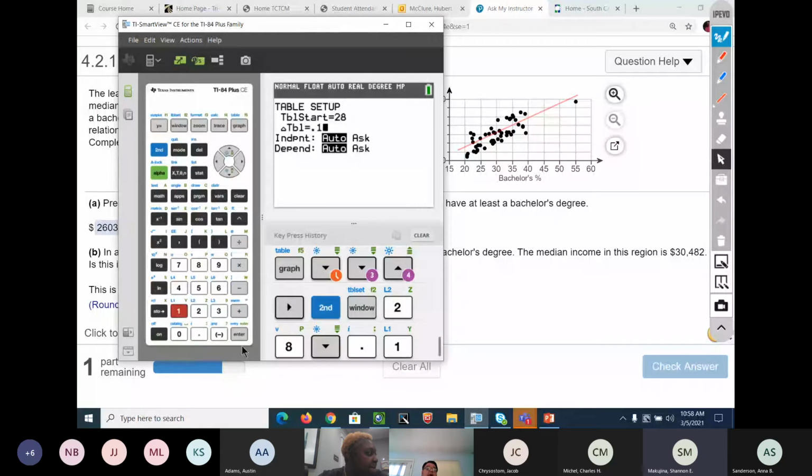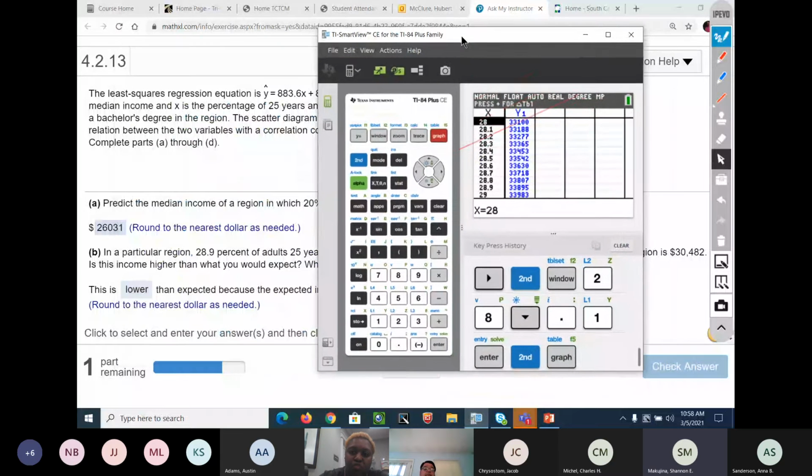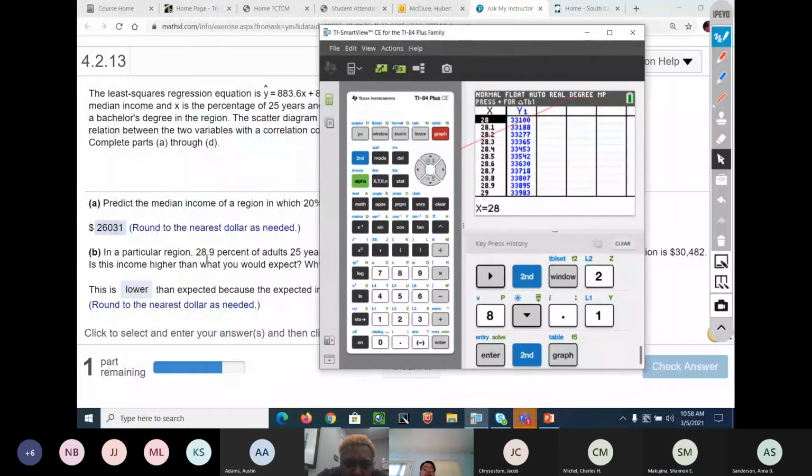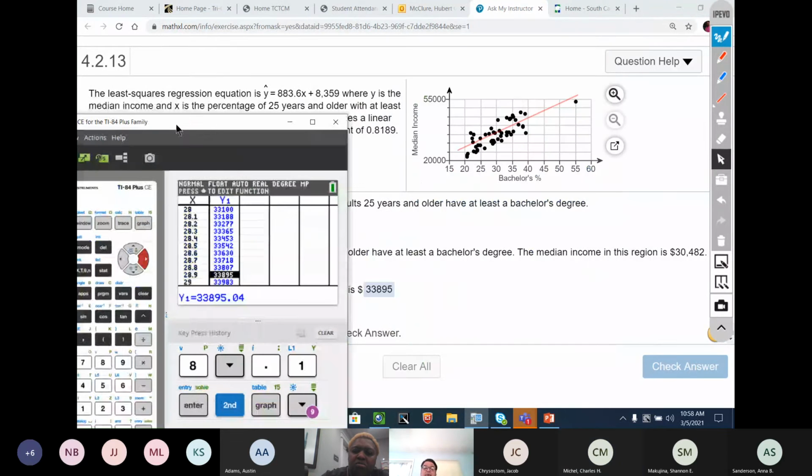Enter, and now look at table. What number do we need? 28.9. So go down to 28.9 and tell me what number you have. 33,895. 33,895, and that's that point.